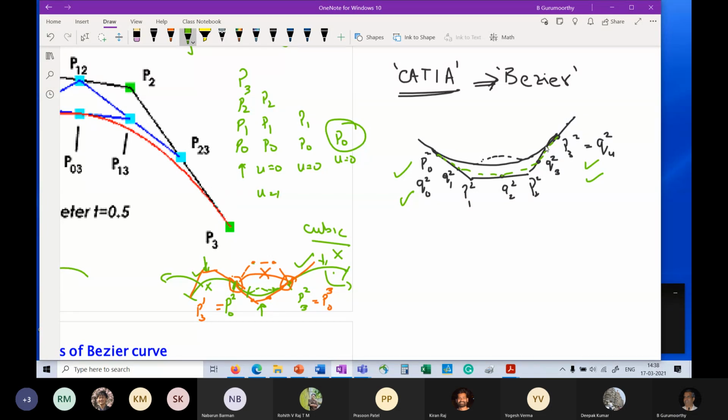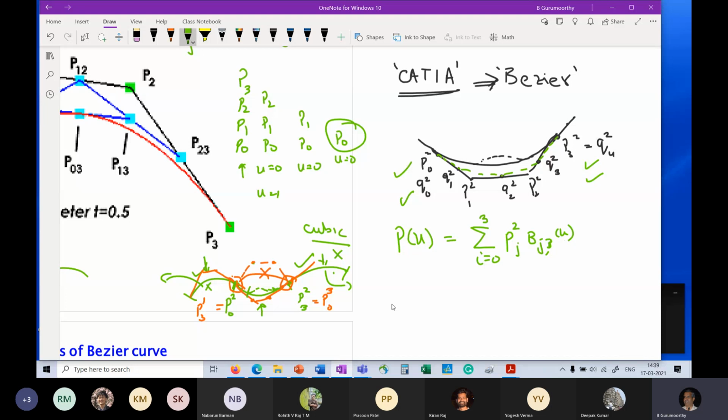What do you see is the difference? In one case, let me write it formally. P of u originally was the sum over i equals 0 to 3 of P_i B_{i,3}(u).